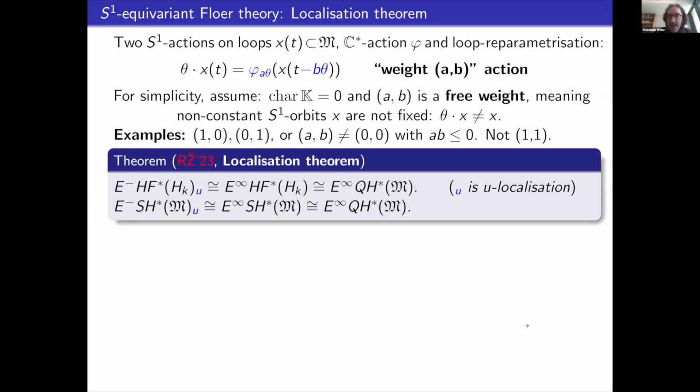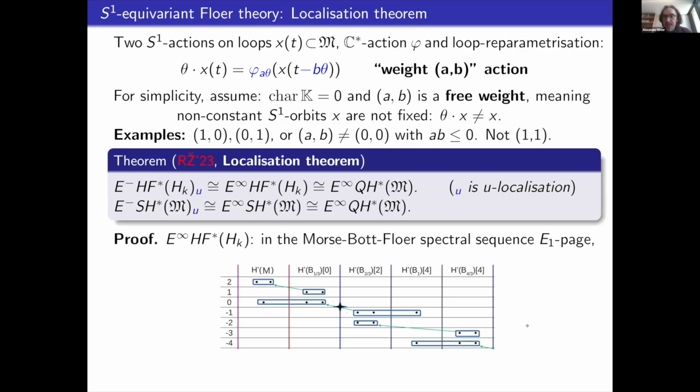Now, with everything we've done so far, this is actually not so difficult to prove. So let's have a look again at our Morse-Bott spectral sequence. This was the picture we had in the A2 singularity case. So we have all these Morse-Bott manifolds of orbits arising as the Hamiltonian grows, but now we're doing the equivariant version. So we're doing equivariant cohomology of these Morse-Bott manifolds on the E1 page. But because we have a free weight action on these Morse-Bott manifolds of non-constant orbits, this action has no fixed points.